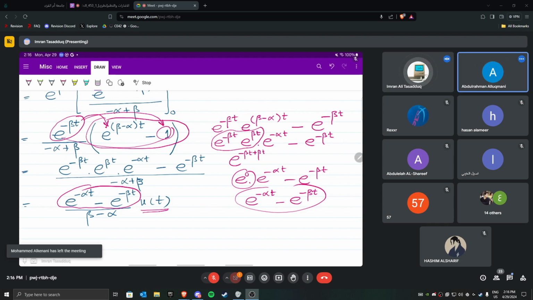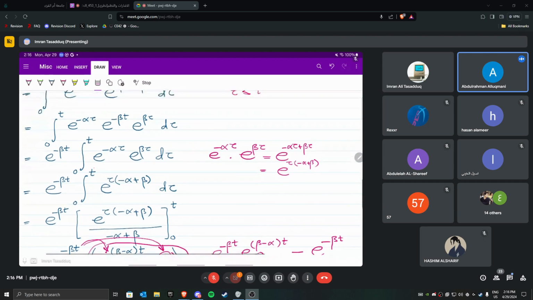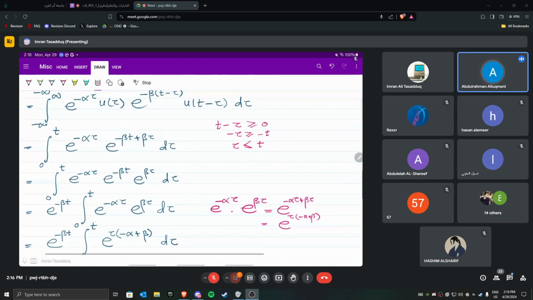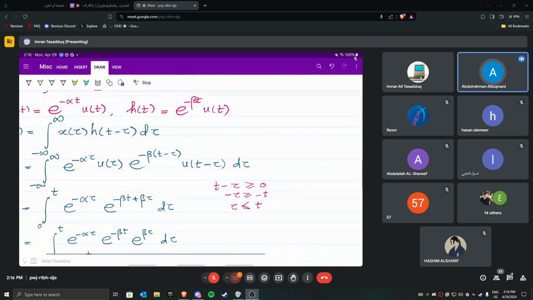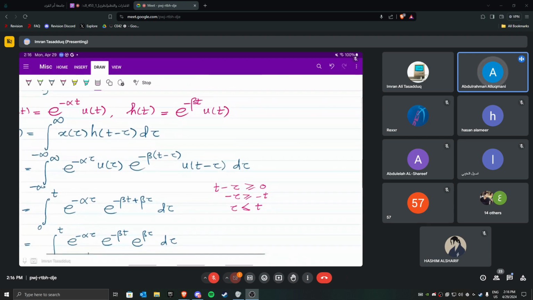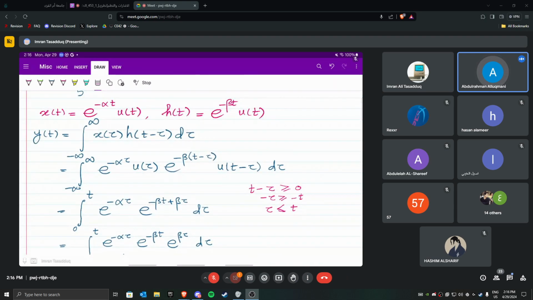Doctor, if you go at the very start, why did we replace t with tau in the integral and the formula?